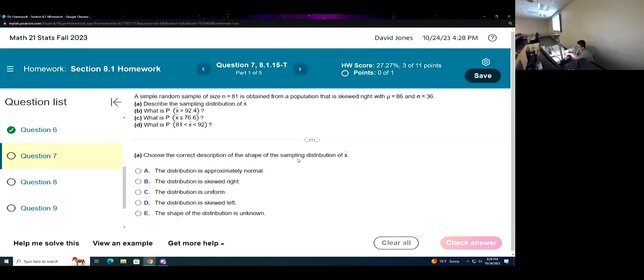Mu is 86 and standard deviation is 36. It says describe the sampling distribution of X bar. And then it gives us a bunch of things to calculate.